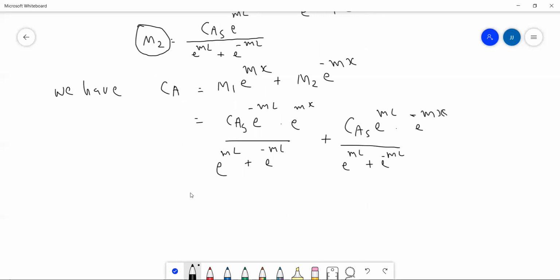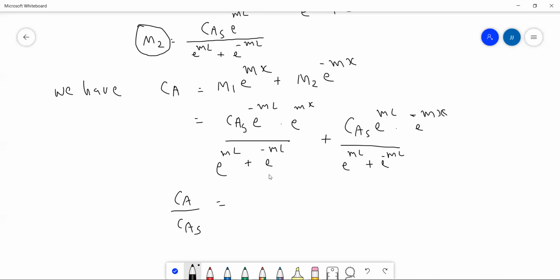This equation becomes CA divided by CAS is equal to, I can take m common here, or it is a summation of this power.